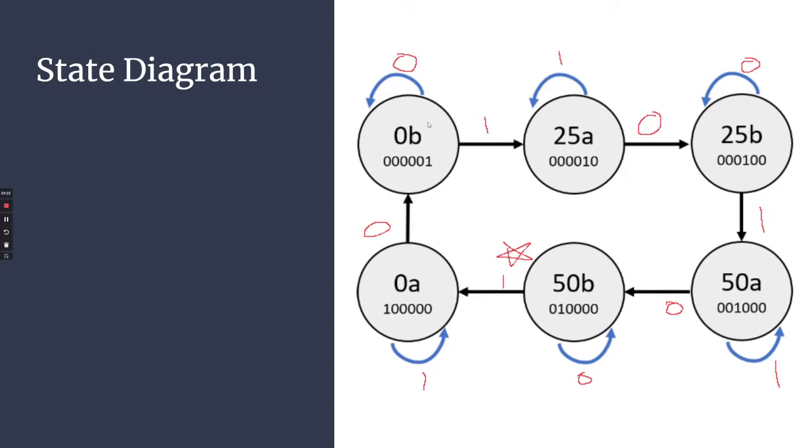Starting here, you see that we have our 0B, so if we don't input one, it'll stay at 0B. If we insert a quarter, it'll go to 25A and hold there. When this value is still held, it'll stay at 25.